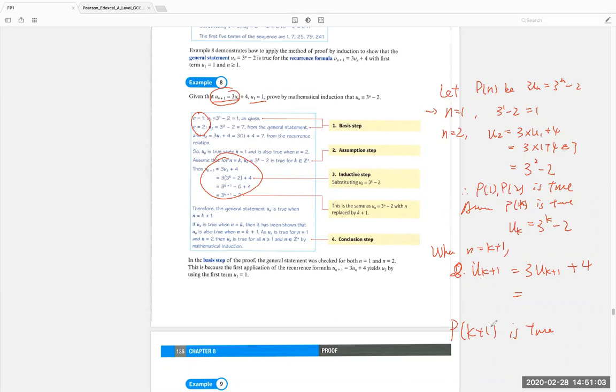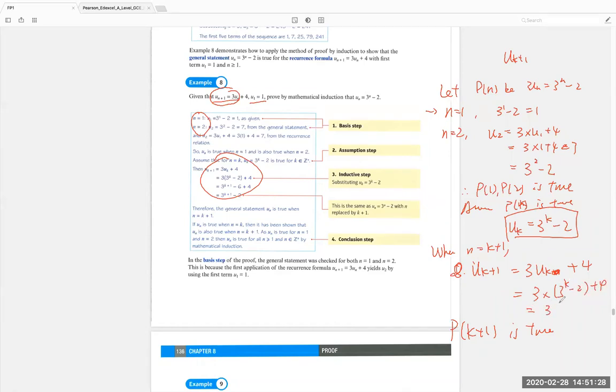So for P(k+1), that means the term u(k+1). First of all, you use this recurrence relation. And then, after you use this recurrence relation, for u_k you substitute the formula here: 3 times 3^k minus 2, plus 4.